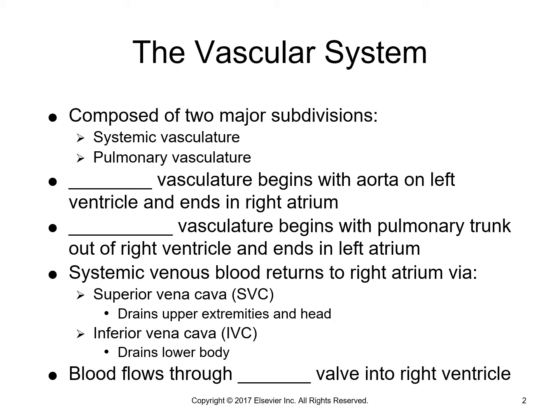The systemic venous blood returns to the right atrium. As it comes back from the body, it comes in from the inferior or superior vena cava. Remember, superior being above, so that drains the upper extremities and the head, and the inferior drains the lower body.